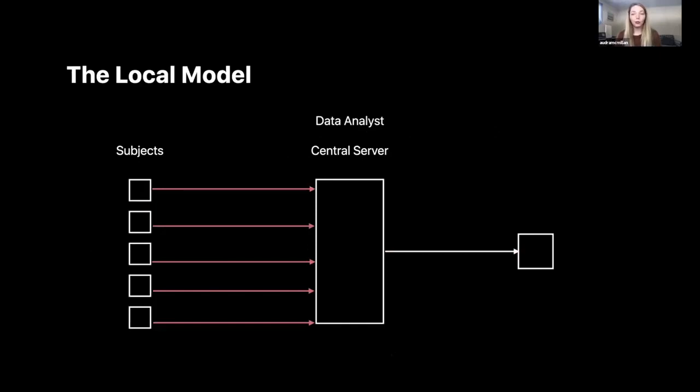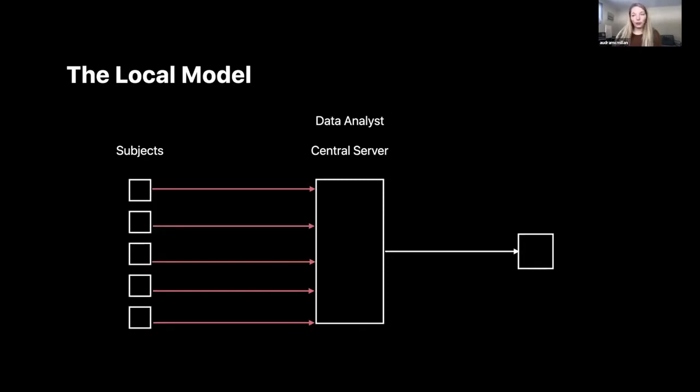There's an alternate model called the local model. In the local model, I don't assume I have this trusted central server. My data analyst and my central server are the same person here, and I don't necessarily trust them to collect all the data together. So each of my data subjects is going to want to privatize their data before it gets to the central server.